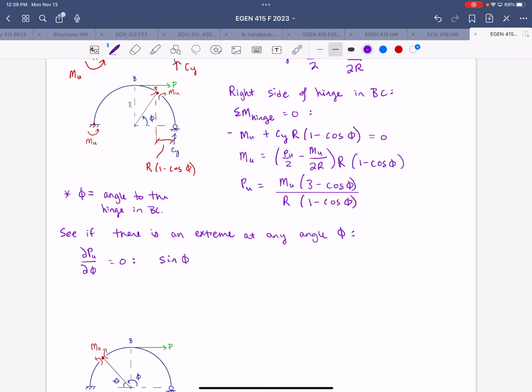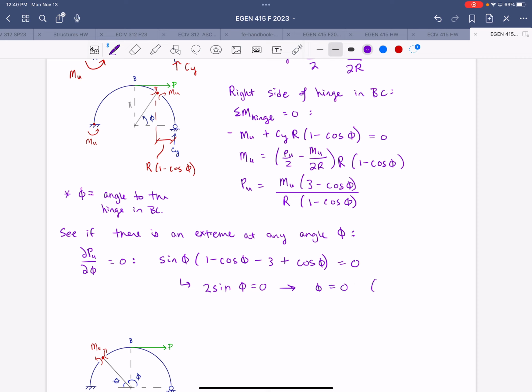So we have sine of phi times (1 minus cosine phi) minus (3 plus cosine phi) would be that partial derivative. Set that equal to 0. So that comes to 2 sine of phi is equal to 0, which means phi has to be equal to 0.